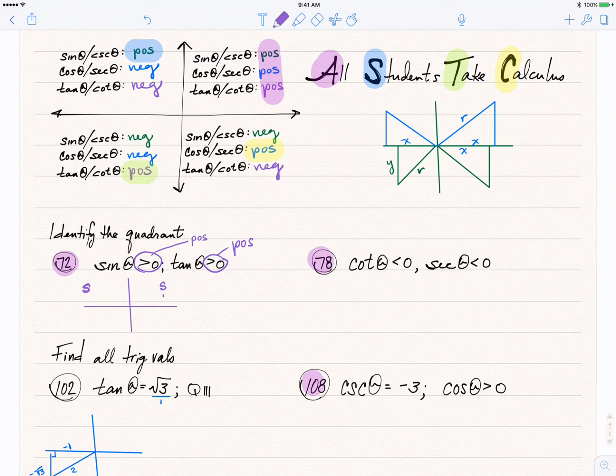Again, I know that tangent is positive in the first quadrant because everything's positive in the first quadrant. And then I also know that tangent is positive in the third quadrant. The only overlap that I have is in the first quadrant. So when the directions say identify the quadrant, well, this is going to be in quadrant 1.